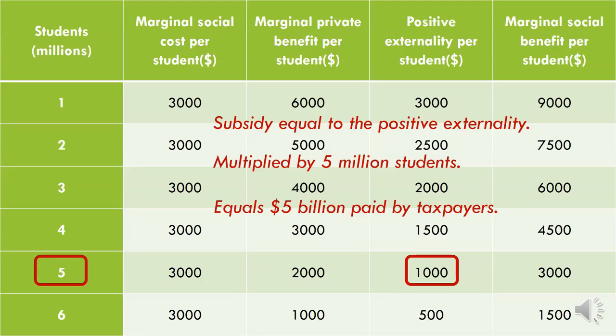As to which taxpayers pay, whether they're high income or middle income, that will depend on the tax system you have. The more progressive the tax system, the more of that $5 billion will be paid by higher income earners. The less progressive, the more of that $5 billion will be paid by middle and lower middle income earners.